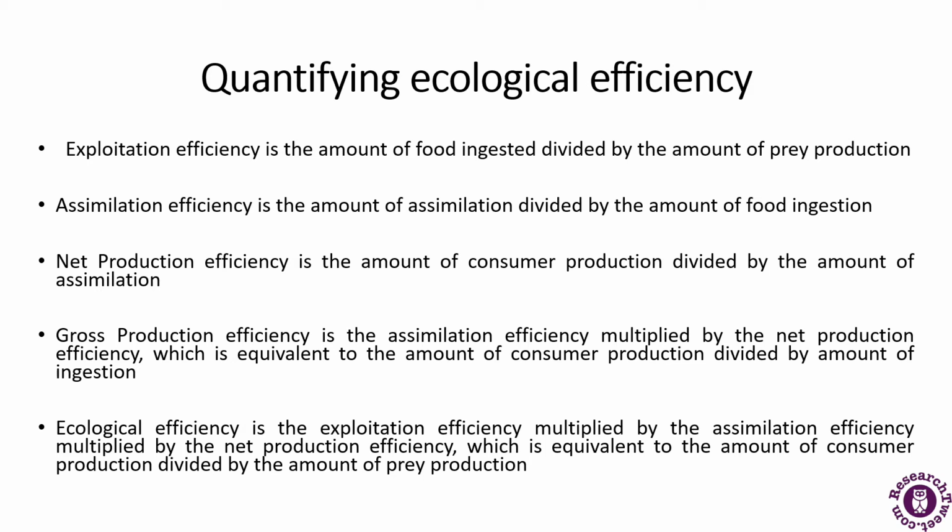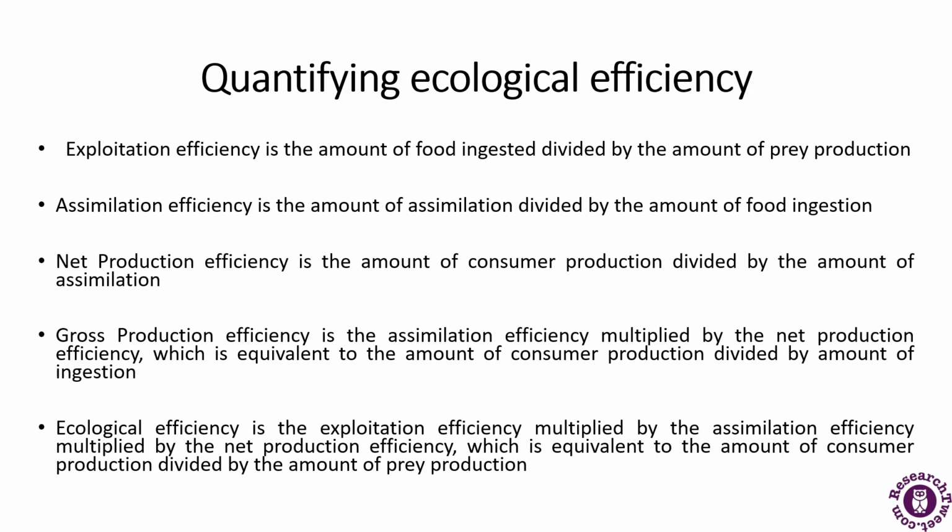Next is the gross production efficiency, which is the assimilation efficiency multiplied by the net production efficiency, and which is equivalent to the amount of consumer production divided by the amount of ingestion. So Pn divided by In. So these are some of the formulas, so that it can be easy for us to calculate the ecological efficiency.